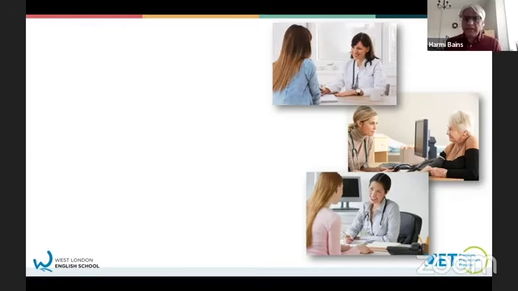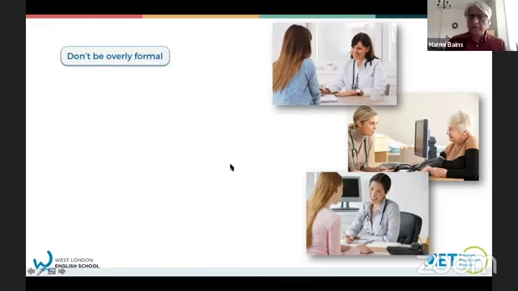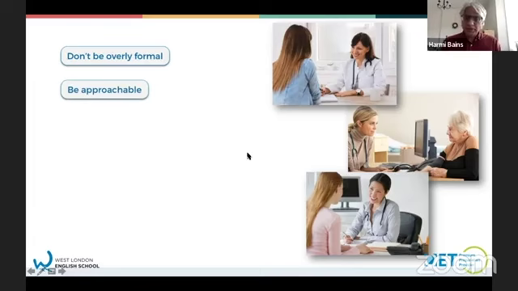Don't be overly polite or overly formal because you'll come across as too much of an authoritarian figure, and you want to be relaxed and approachable. So remember, guys, don't be overly formal. Use indirect language and be polite, but keep it casual. You need to be approachable.